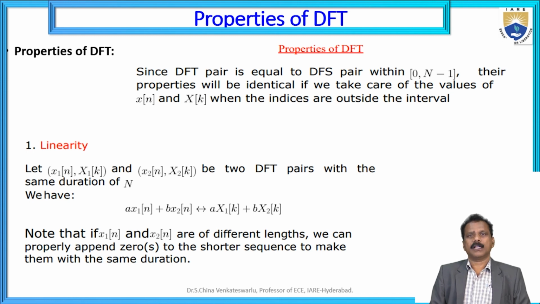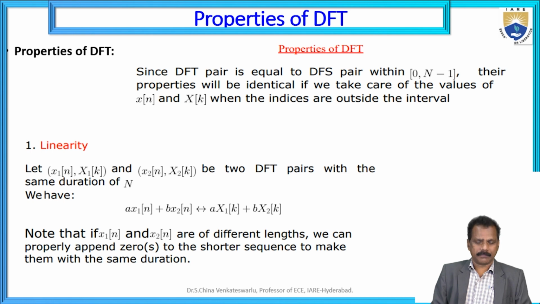Let x1 of n, x1 of k and x2 of n, x2 of k be two DFT pairs with the same duration of capital N. Then we have a x1 of n plus b x2 of n and a x1 of k plus b x2 of k.